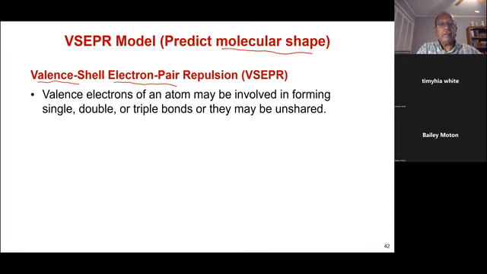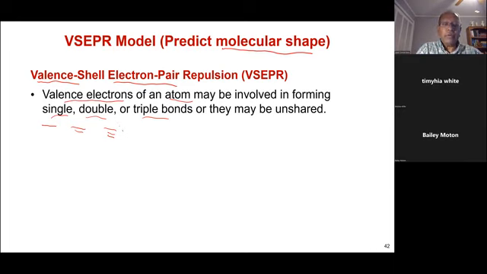Valence electrons on an atom may be involved in forming single, double, or triple bonds. Normally a single bond is drawn like this, a double bond like this, a triple bond with 3 lines. Or they could be unshared, no bond, just lone pairs. So in an atom, you could have lone pairs, single bond, double bond, triple bond.